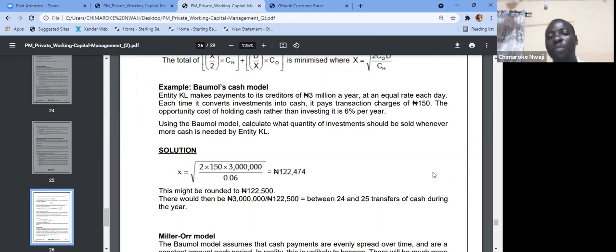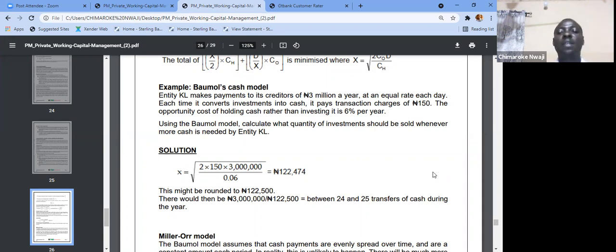Using the Baumol model, calculate the quantity of investment, that's the economic quantity, that should be sold whenever more cash is needed. Use the EOQ formula, the square root of 2DCo all over Ch. The ordering cost is 150. The annual demand, which is the payments to creditors, is 3 million.